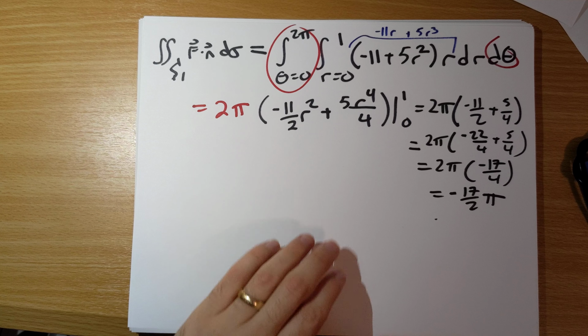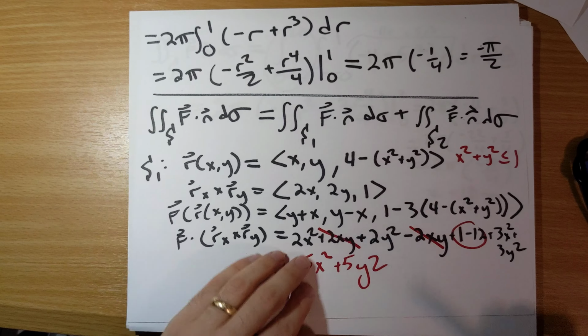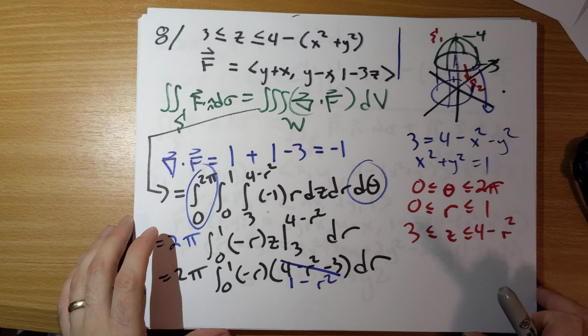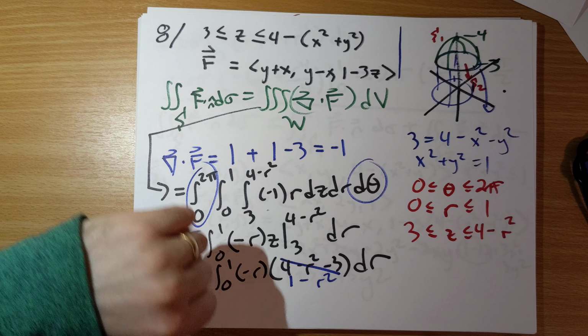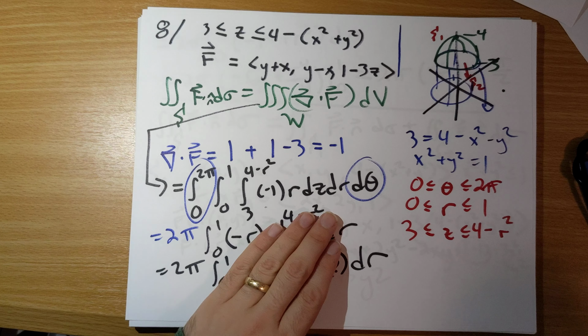Okay, so we did this calculation. Now we need to do the base. And we need to make sure the base is oriented so it's pointing downwards. Because in the divergence theorem, these always have to be pointing away from the region in question.